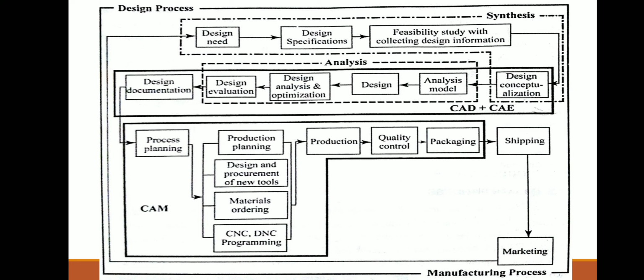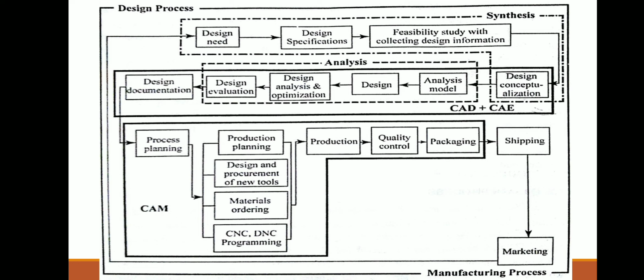So depending on which type of model is mostly moving, the factory designs accordingly. From that marketing census they have designed which type of TV is moving fastest in the market. So: design needed, design specifications, then feasibility study with the collection of design information.